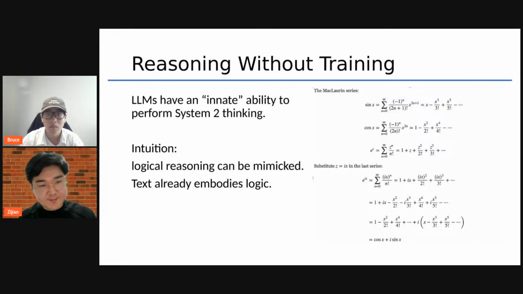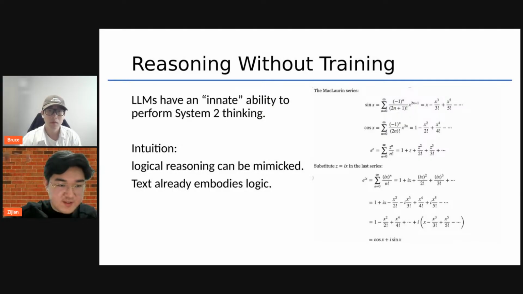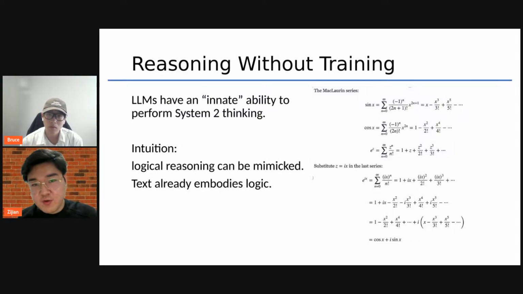Because a lot of the time, logical reasoning can be mimicked. This is just like how you look at the reference solutions from your textbook. Let's say you're a middle school student, exposed for the first time to this thing called a Maclaurin series. You have completely no idea what it is, but you can just read the textbook and see the sample deduction, and then you can just try to mimic how that thing is done.